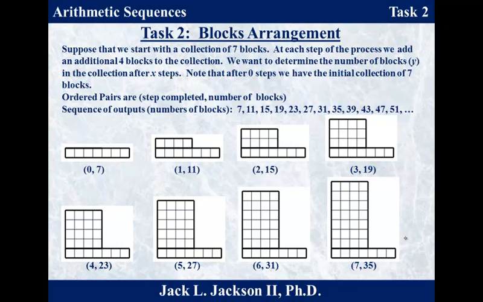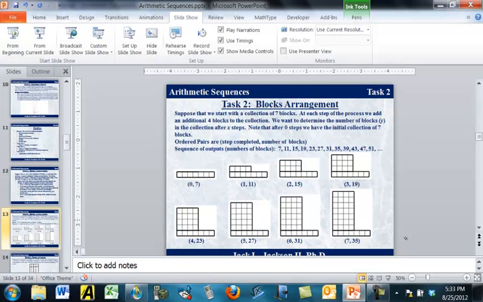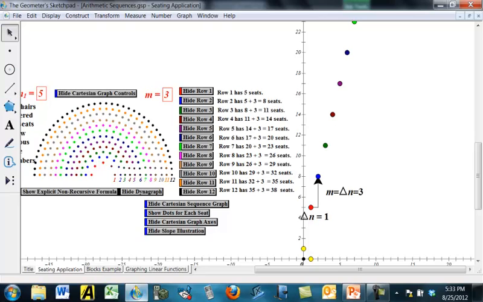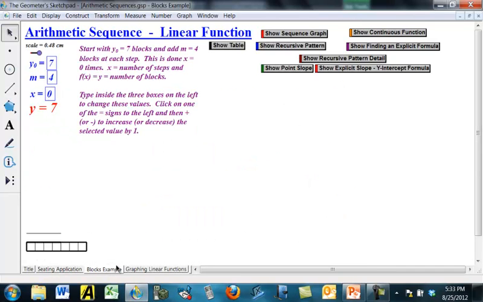Now I have this in a Sketchpad sketch, so let's go to our Sketchpad sketch. This is the same one that has the setup with the seating arrangements. Here y0 is the number of blocks we start with, which is 7, and m is the amount we add each time, which is 4. And x is which step number we're on.